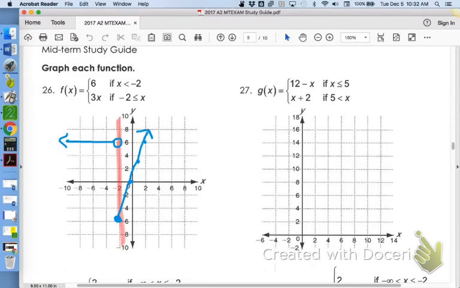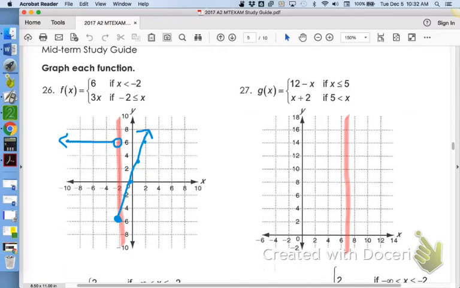Now I get to do it live. This should be fun. Okay, so again, I'm going to draw my line at 5. Oh, this is not good because we don't have a grid there. So we'll just do the best we can.